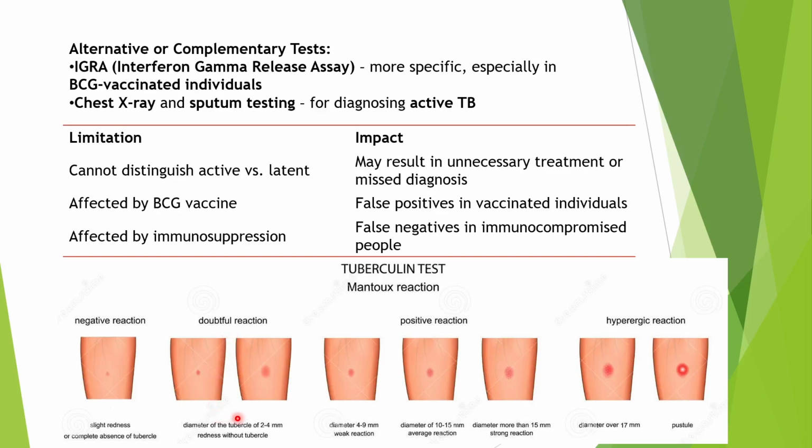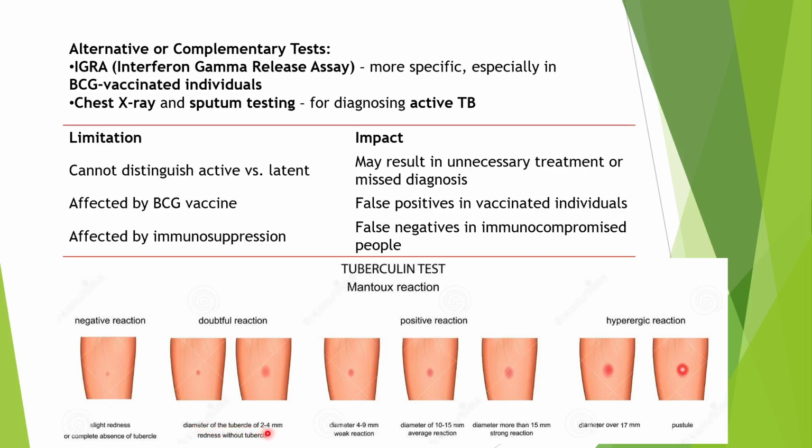In case of a tubercle formation, like a pustule, like here you can clearly see a smaller pustule, or a bump that is seen on the skin, you have to measure it.